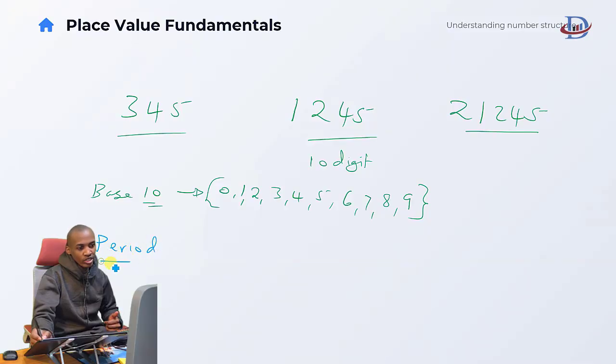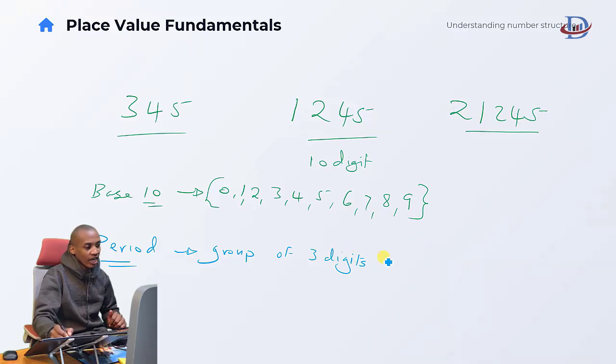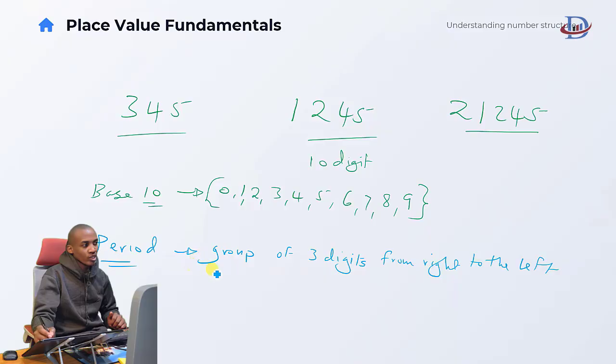A period is a group of 3 digits, separated from right to left. So for example, in our number over here, we count 1, 2, 3, and we put a comma here.